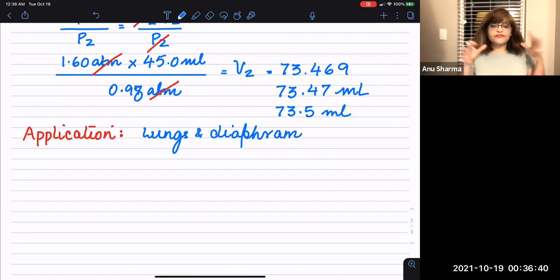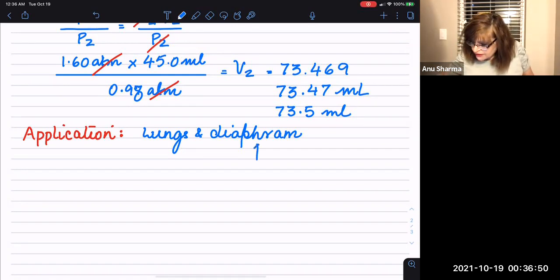So when the diaphragm is contracted, which means the loss in volume, then it pushes on the wall. When you push the diaphragm, that means you are increasing the pressure on the diaphragm.